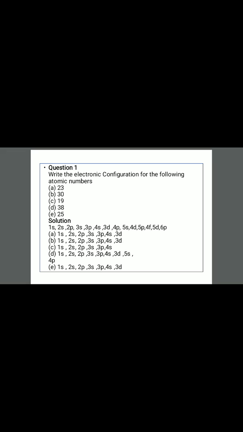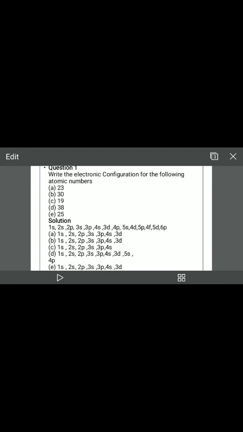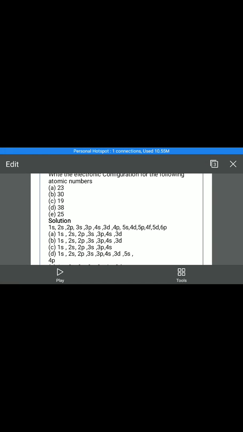It means if you want to distribute 23 electrons, you have to distribute in 1s2, 2s2, 2p6, 3s2, 3p6 and 4s2. And what about 3d? You have to now decide what 3d is. Based upon this, you have to solve various examples.